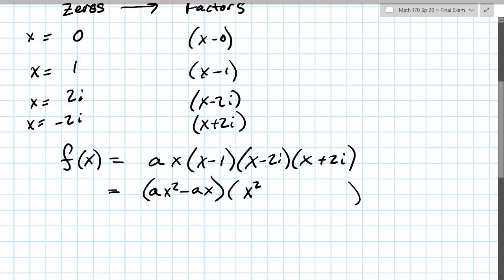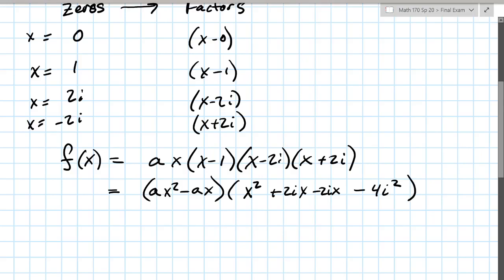So you've got x times x, times the 2i is a positive 2ix. You've got negative 2ix. Those two are going to cancel out. And then you have negative 2i times positive 2i, which gives us negative 4i squared.